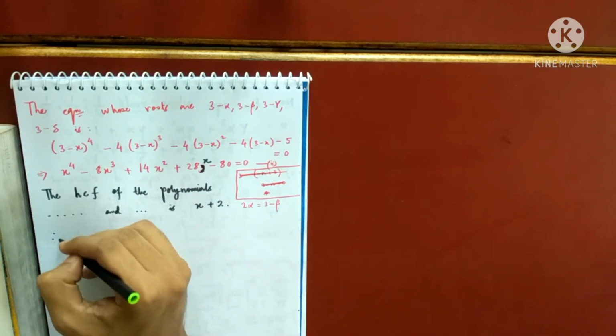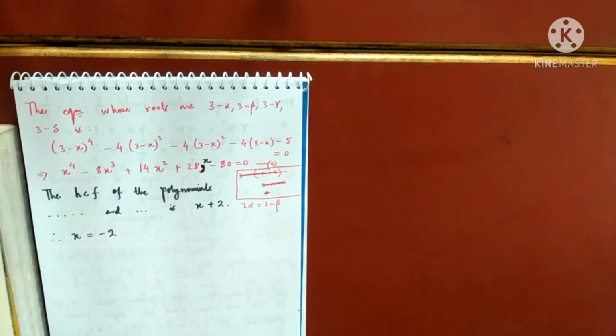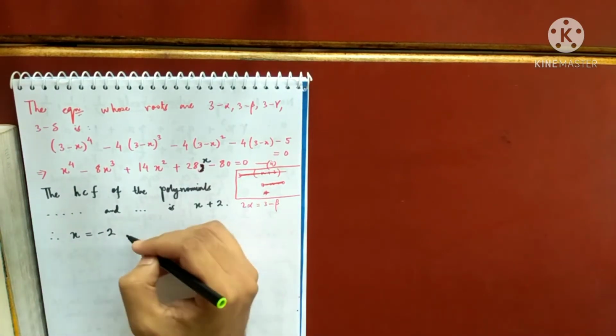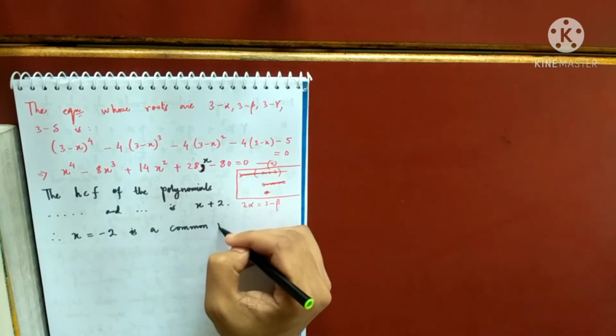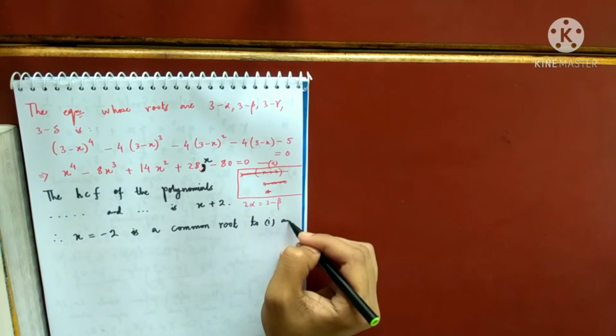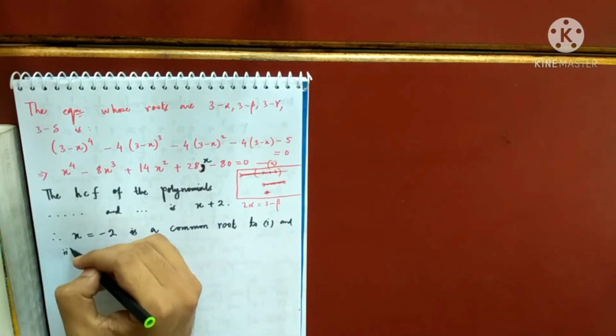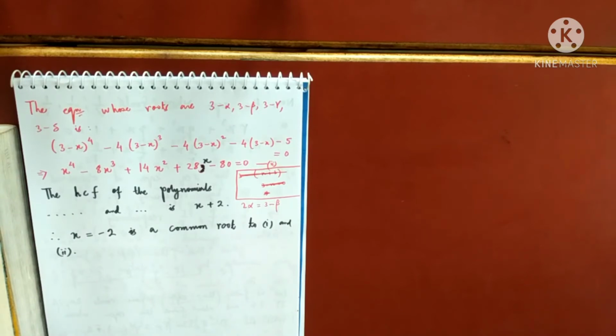So therefore, x equals to minus 2 is a common root to equation number 1 and also to equation number 2. So I have determined the common root to both the polynomials.